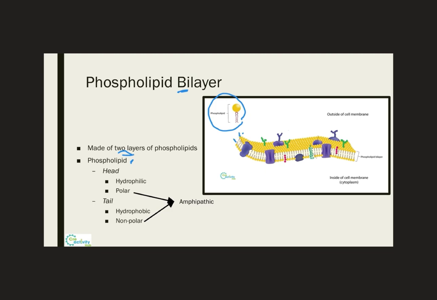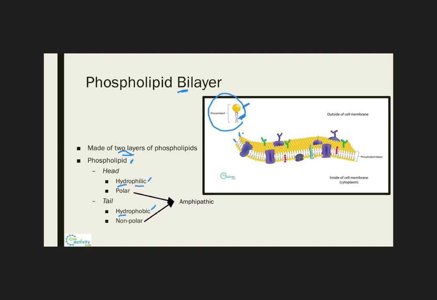When we look at the phospholipid structure forming the cell membrane, it will have what we call a head, which is this rounded structure, and a tail, which are these two strands that hang from the head. Now, the head is considered what we call hydrophilic, and the tail is hydrophobic. And what does this tell us? Well, if we break down the words again, hydro means what? Well, it means water. So both have water in them.